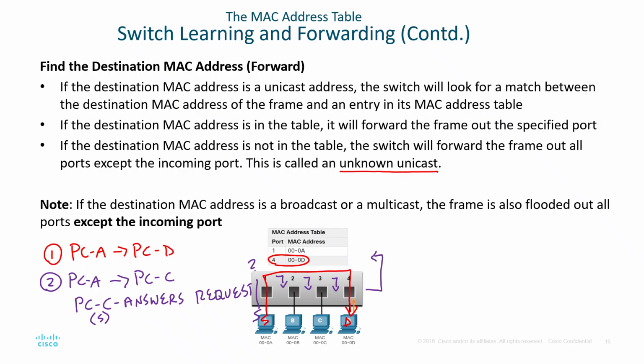I know now that port 3 has a MAC address of 000B. Now the encapsulation can be completed, and PCA can now forward the information to PCC. So this is how your switches build their tables and make their decisions.